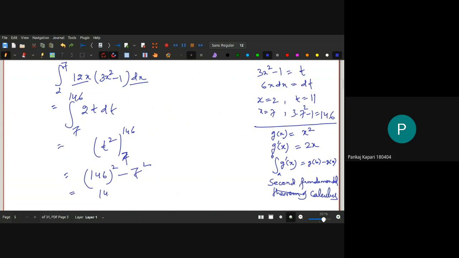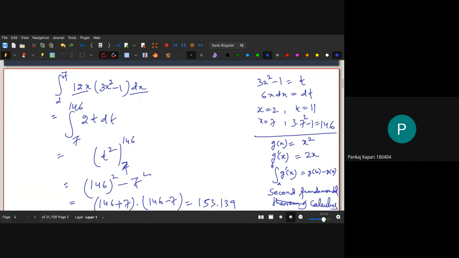This we can write as 146 plus 7 into 146 minus 7, which is equal to 153 times 139. I think there is some mistake.